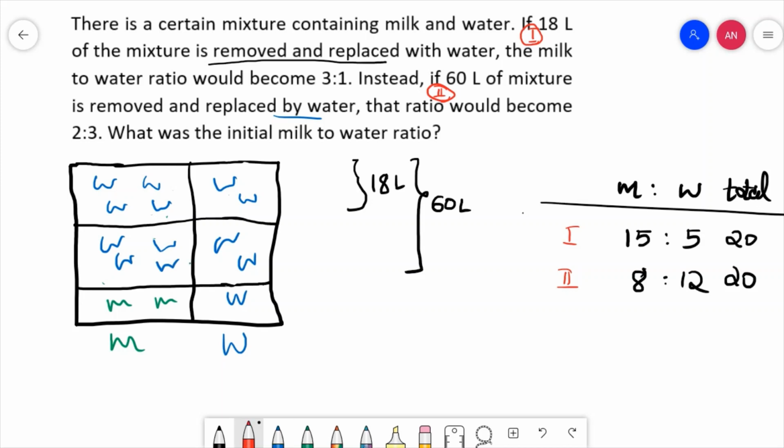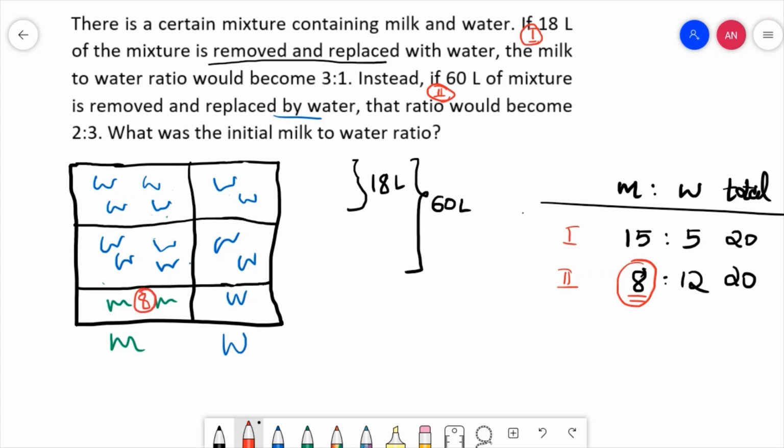Now we can see that after the second condition, the only milk remaining will be here. In the second condition, the part of the milk that we have is 8 parts, so this is going to be 8.